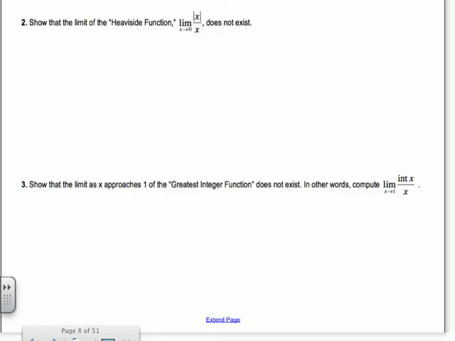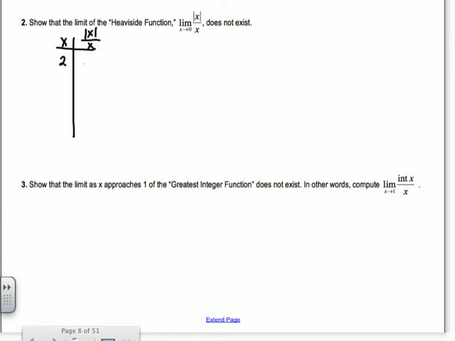Okay, show that the limit of the Heaviside function, so the limit as x goes to 0 of the absolute value of x over x, does not exist. Okay, so let's think about it. Let's do a t-table. What if I plug in 2?